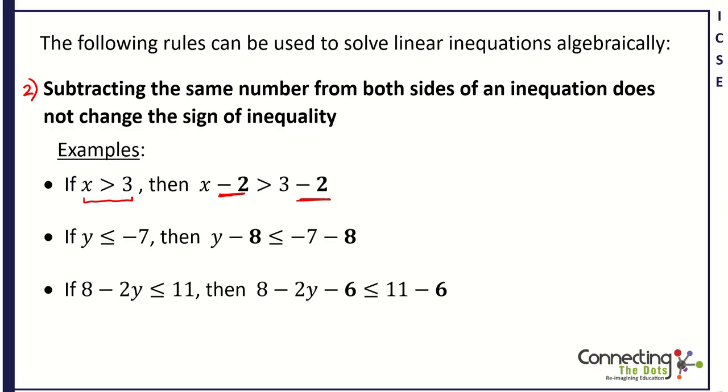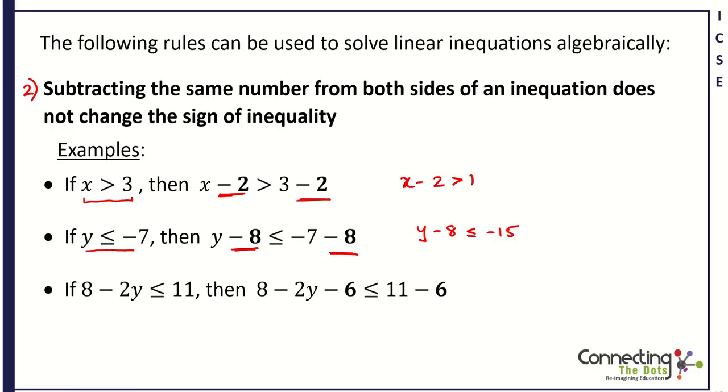So we can conclude from this that x minus 2 is greater than 1. If y is less than or equal to negative 7, by subtracting 8 from both sides, we can conclude that y minus 8 is less than or equal to negative 15. So the inequality sign has not changed.